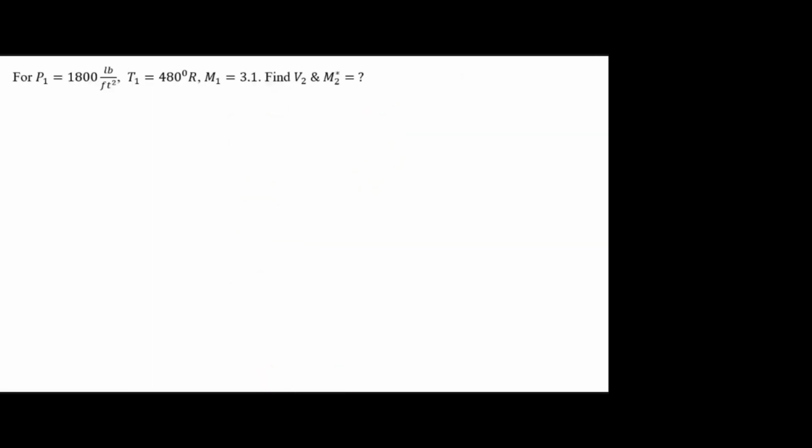Okay. Then in this problem, across the normal shock, they know the upstream pressure, temperature, Mach number. And downstream, they have to find V2 and M2 star. M2 star is the characteristic Mach number in station 2. Here, how to find?